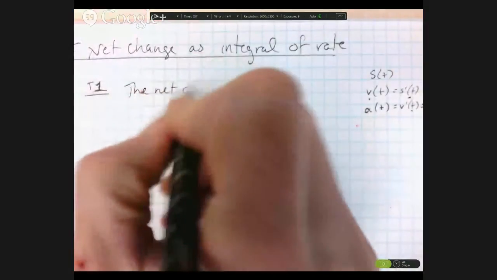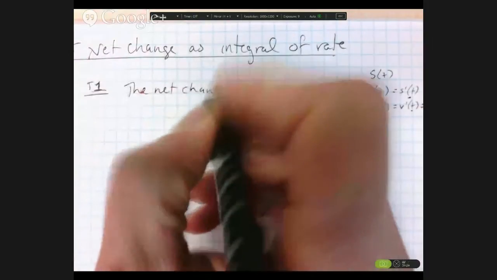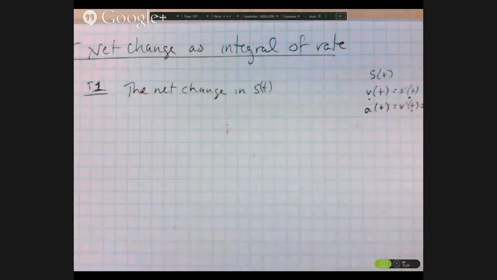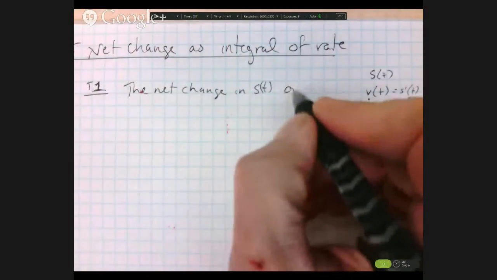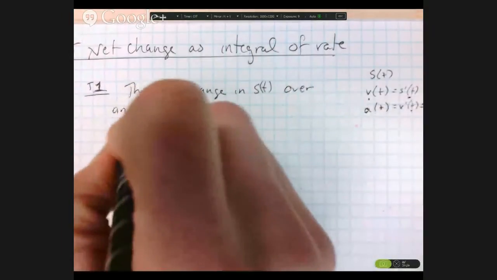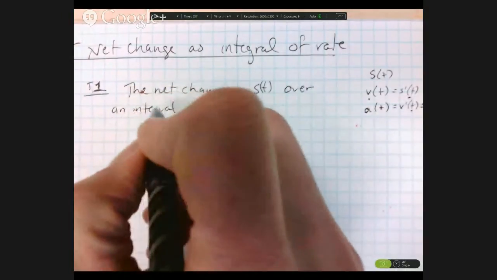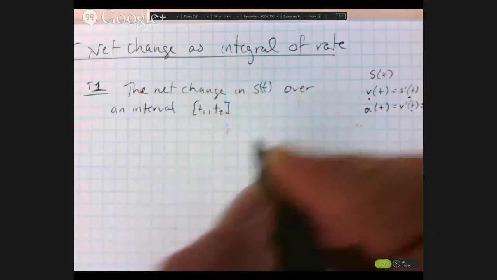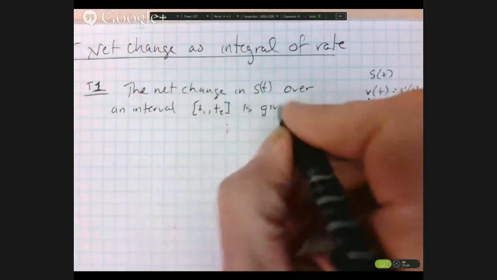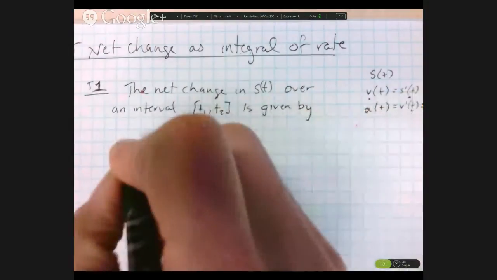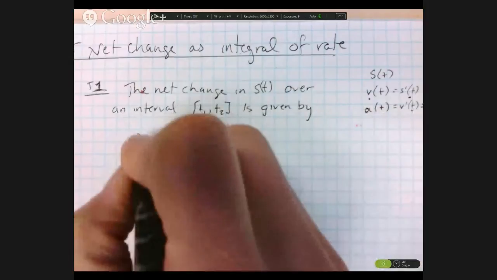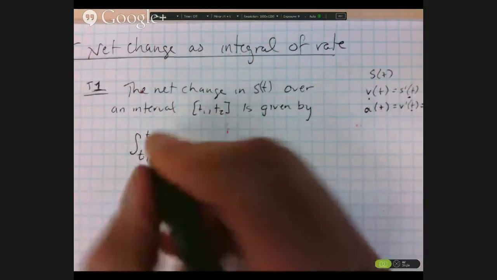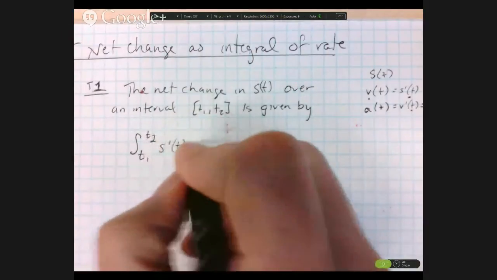The net change in S of t, so the net change in a distance, for example, over an interval of time is given by the integral from time 1 to time 2 of the velocity function.